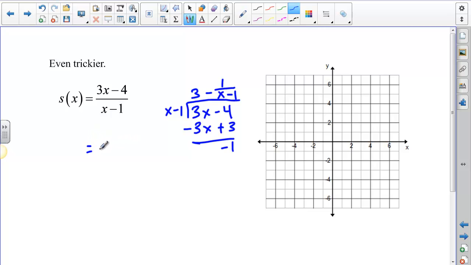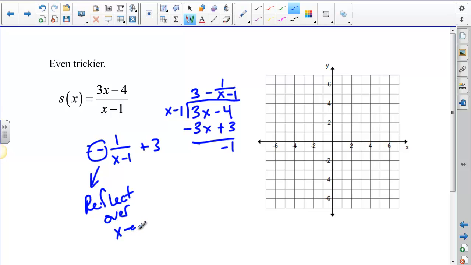Now you might say, well, that doesn't help us a whole lot, but it actually does. Because if I rewrite it as -1 over x minus 1 plus 3, you can see right here, this is a negative, so that reflects over the x-axis. And then the x minus 1 moves it right 1. And then the plus 3 moves it up 3.